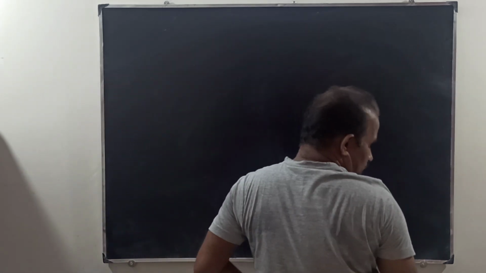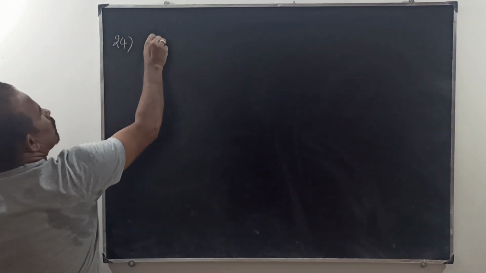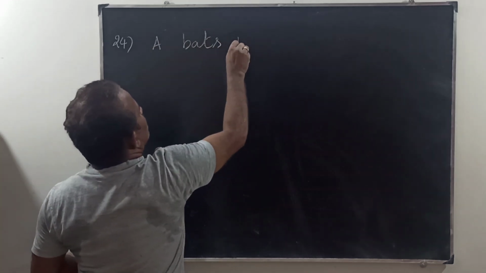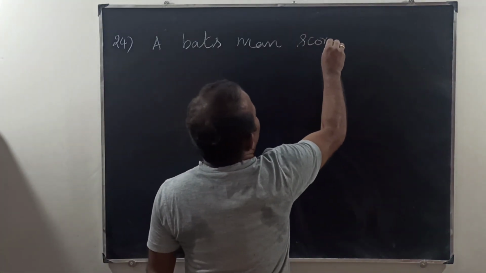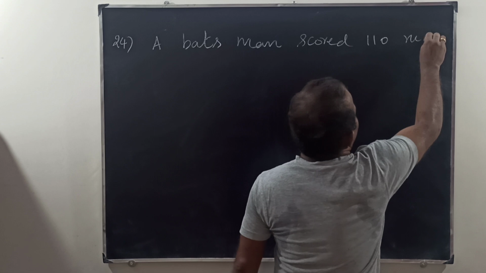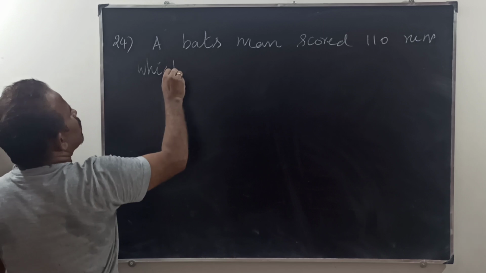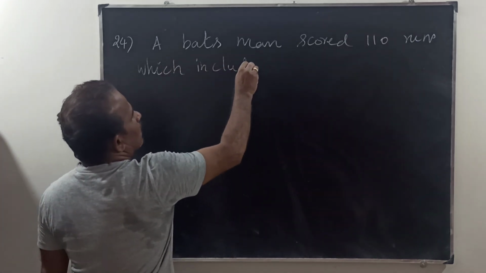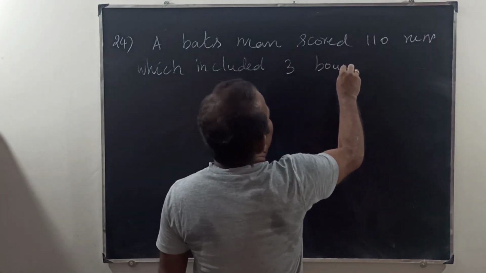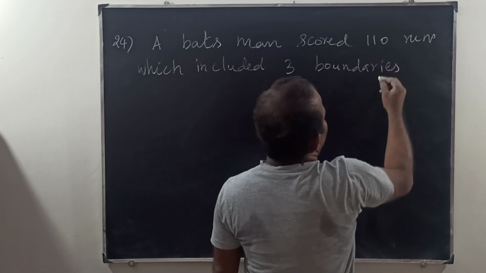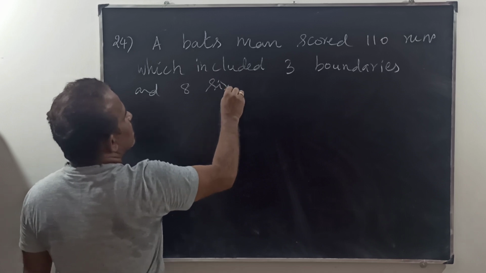The 24th question is, a batsman scored 110 runs, which included 3 boundaries and 8 sixes.